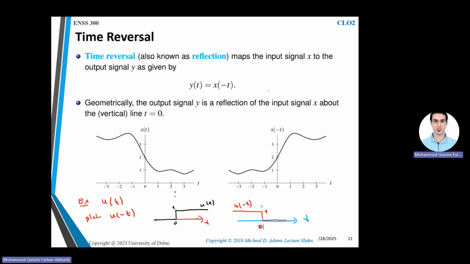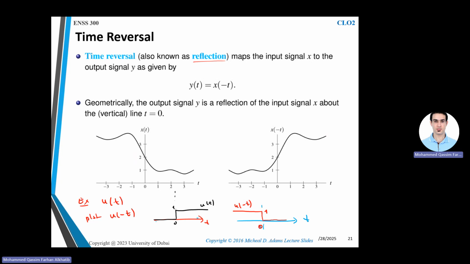Time reversal, basically I make a mirror image of the function itself. So time reversal, also called reflection, is expressed by y of t equal x of negative t. It maps the input signal to the output signal as given below. So geometrically it is a reflection.